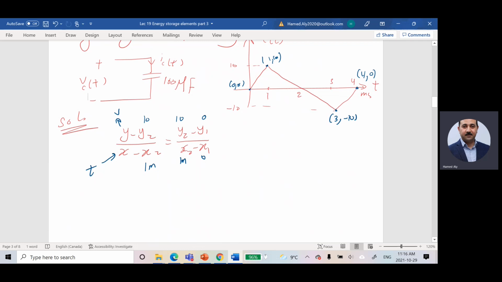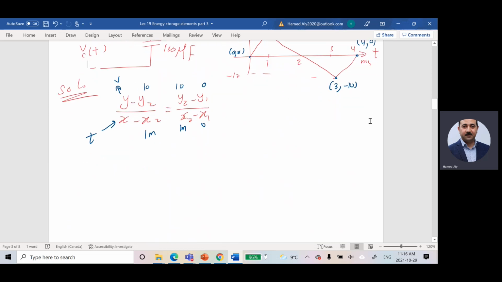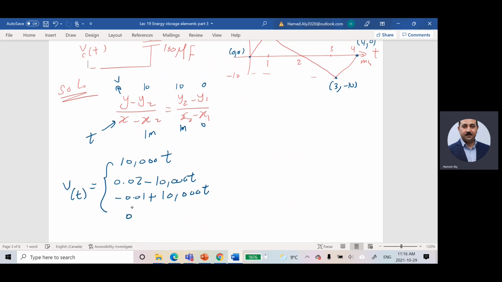Based on that, I can find the equation for the first line, and similarly for the second line and the third line, since I have these 2 points for each. If you're trying to find the equation for the voltage, you will realize that V of t is equal to 10,000 t, or 0.02 minus 10,000 t, or negative 0.01 plus 10,000 t, or 0.